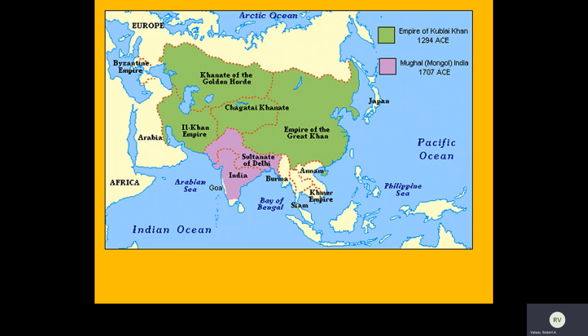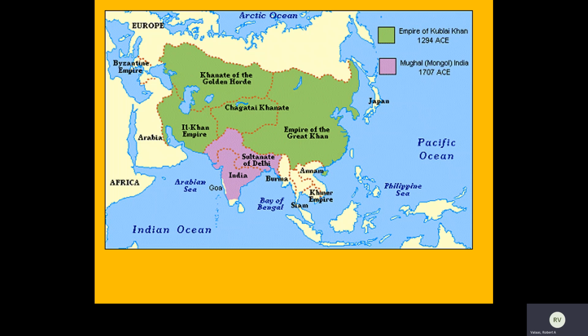Of course, they had to adapt different models of rule in different places. This map shows in green the maximum extent of the Mongol Empire, including parts or all of East Asia, Central Asia, the Middle East, and Europe, and the four khanates into which it was divided after Genghis Khan's death.